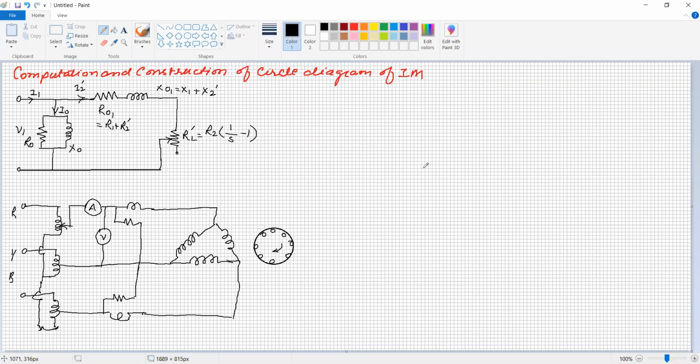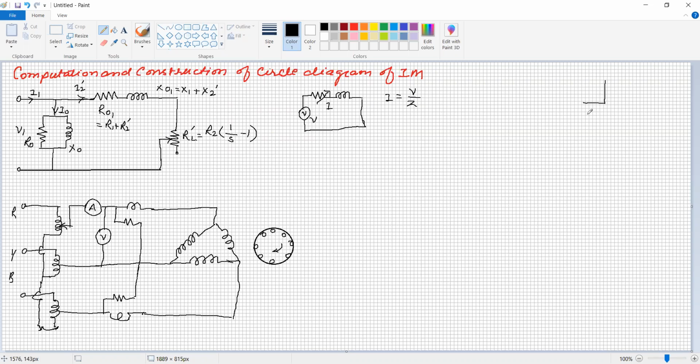Now, this is one concept: suppose one resistance and one reactance are connected to the voltage source, and this resistance is variable. So the voltage is V and the current is I. So current I is equal to V upon Z, where Z is the impedance.